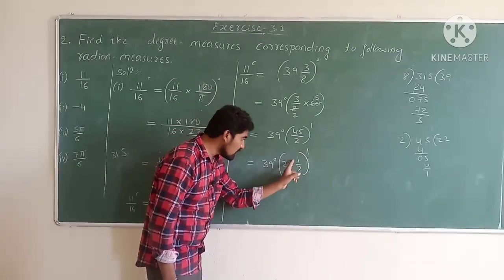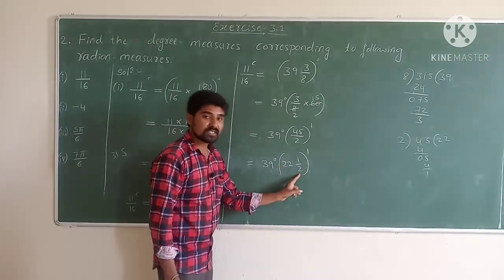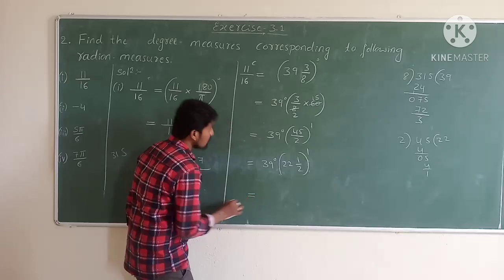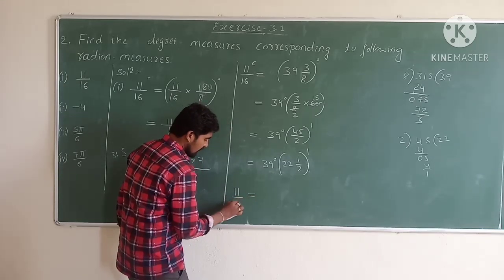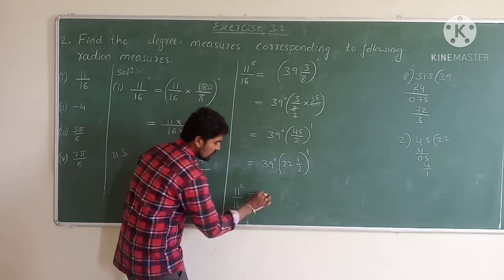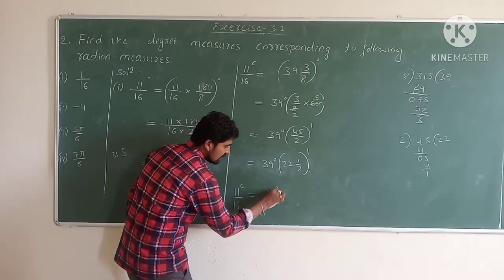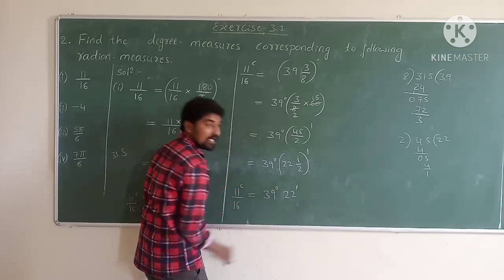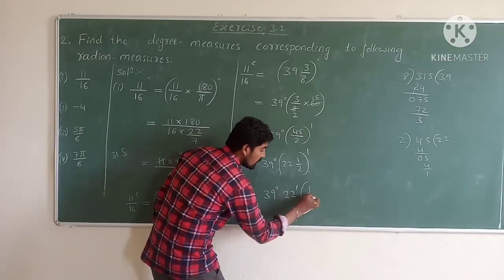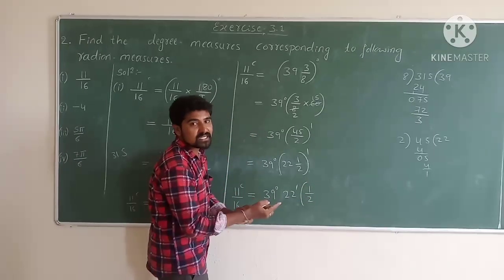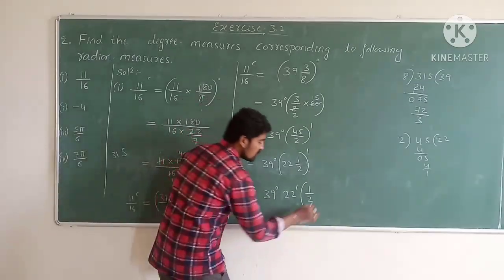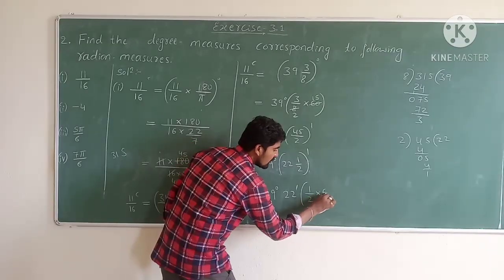So the remaining we need to convert in terms of seconds. So for that, the value of 11 divided by 16 radians is equal to 39 degree 22 minutes, and 1 by 2 minutes is converted in terms of seconds. For that we need to multiply by 60.